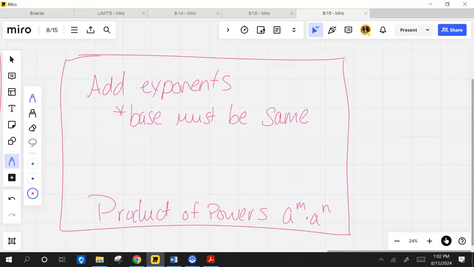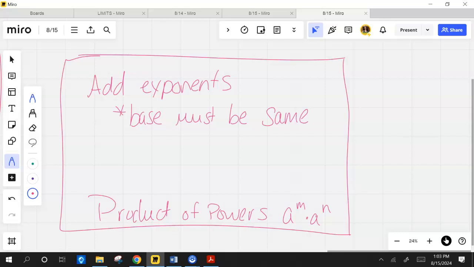All right. So the base must be the same. Now, what is the base? It's the number that has the exponent hooked to it.